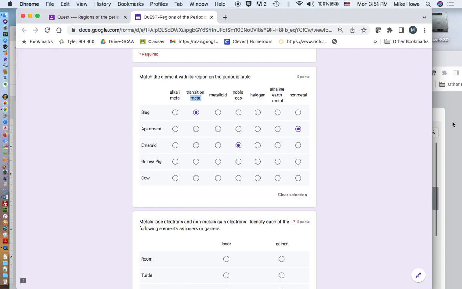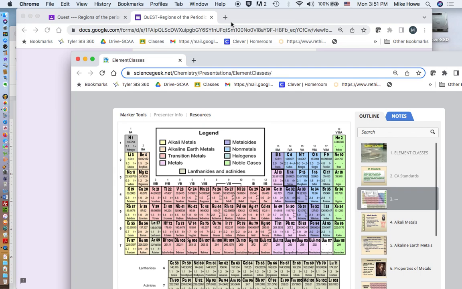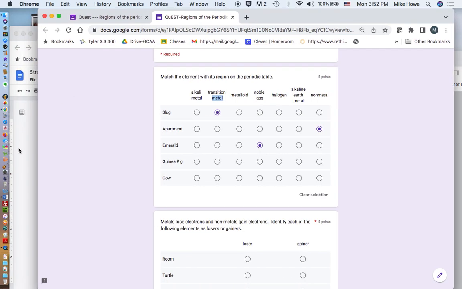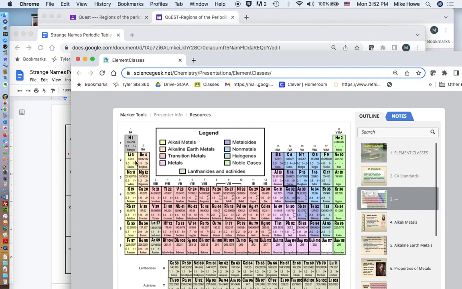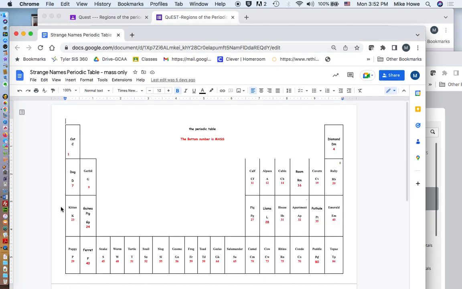Guinea pig is right here. It's in the second column, so that's an alkaline earth metal.